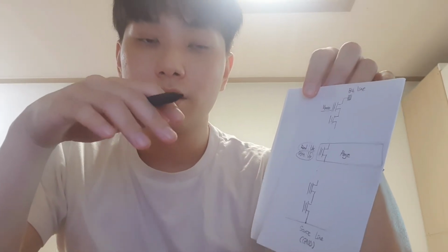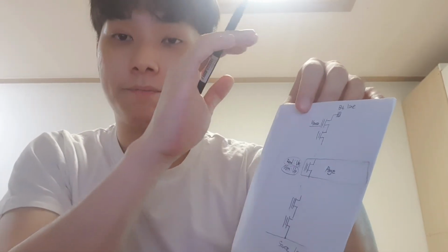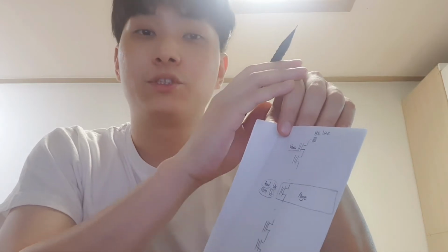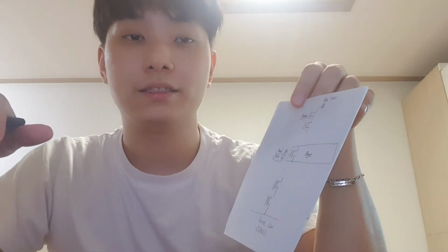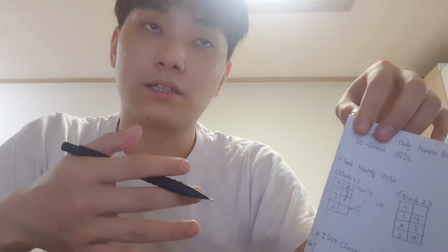So by using Fowler-Nordheim tunneling, the floating trapped charge will jump to the body, so we can erase the data on the floating gate. But this is in the case of the 2D planar floating gate.